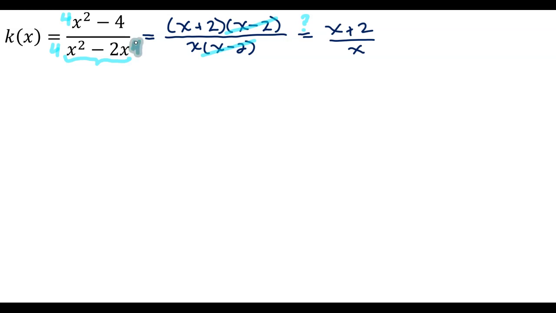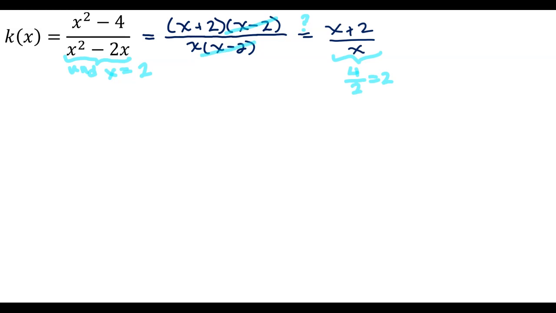Even if the top is also 0, you're never allowed to have 0 in the bottom. So this function is undefined at x equals positive 2. Whereas over here, if I plug in positive 2, I get 4 over 2 equals 2.